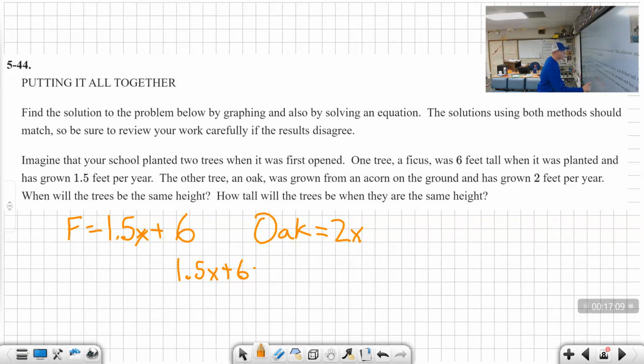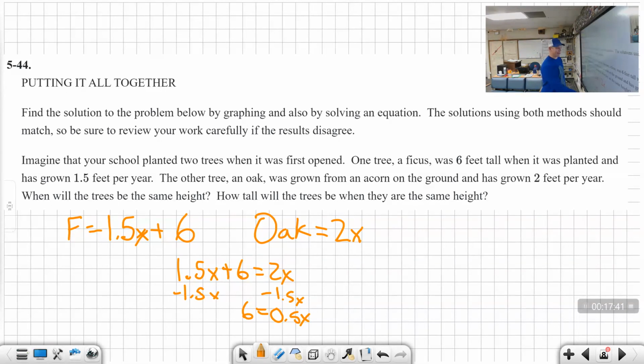1.5x plus 6 equals 2x. First step, side flip. Minus 1.5, minus 1.5, and I'm left with 6 equals 0.5x. The reason why I did this part is because some of us are slow to remember how to get rid of a decimal. We're used to regrouping with whole numbers.